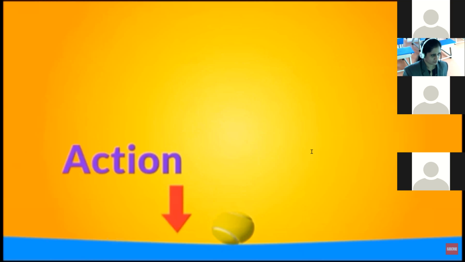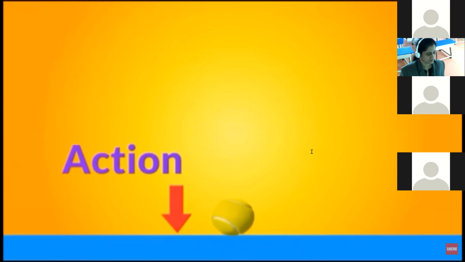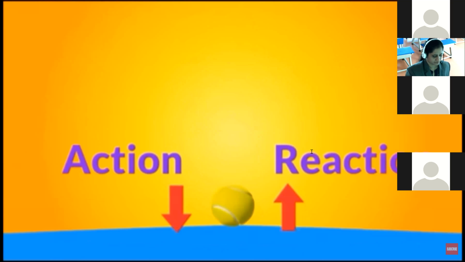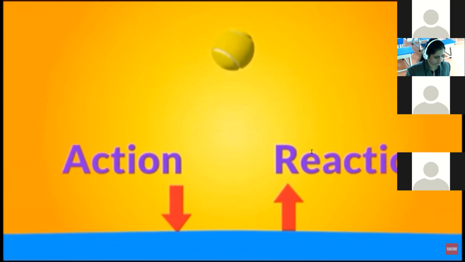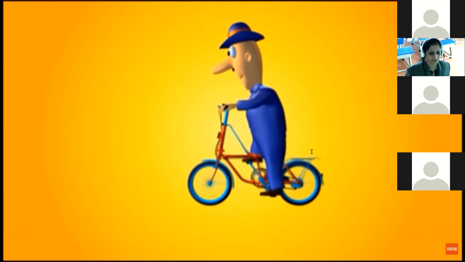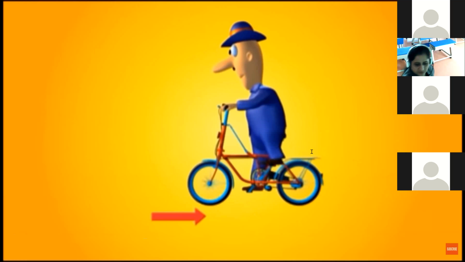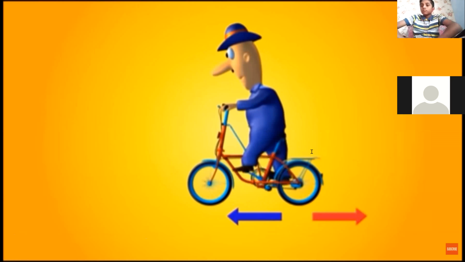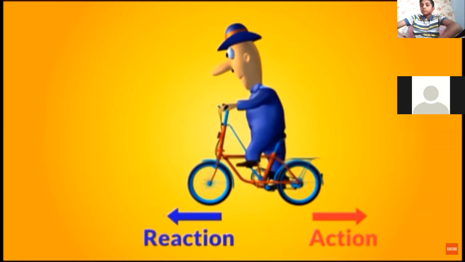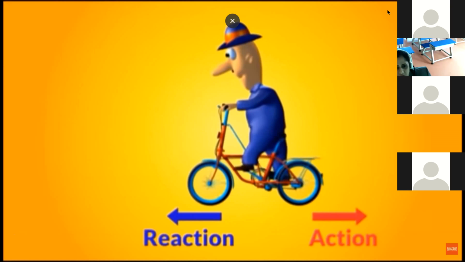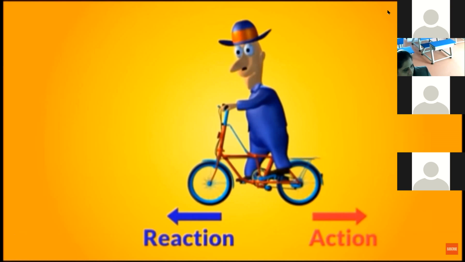This is the action. The floor reacts by pushing on the ball with the same force, but in the opposite direction. Action, reaction. Together, the floor and the ball form what's called the action-reaction pair. So now how does it apply to your bicycle? When you push the pedal, the parts of the tire which touch the ground push it backwards. The ground also pushes the tires forward with the same force. So the parts of tires and earth form a pair of action and reaction. So what happens to the earth when your tires are applying force to push it back?